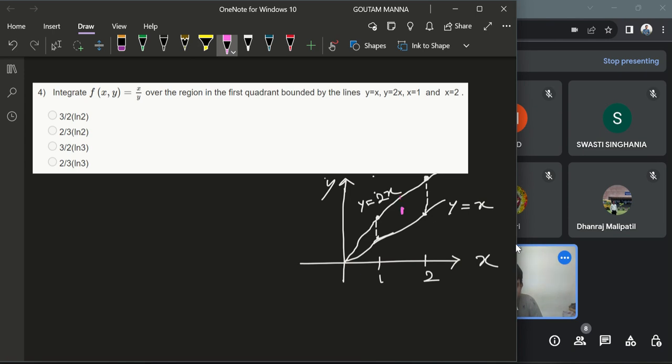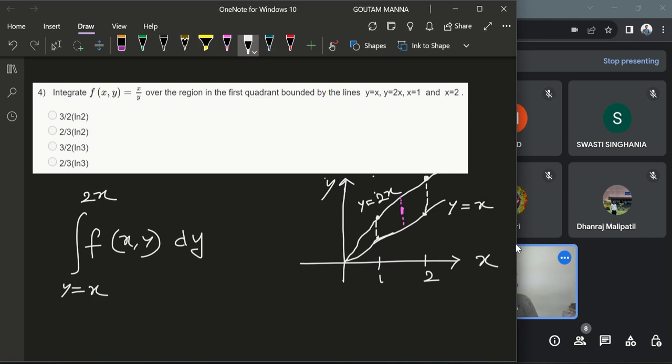So if we are integrating along y first, it will be like f of xy dy. Y is going from x to 2x. So at any point x, this will give this line.